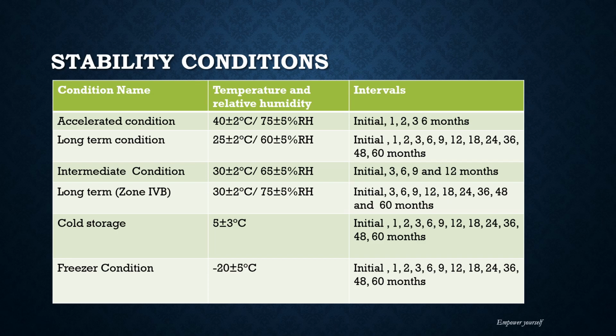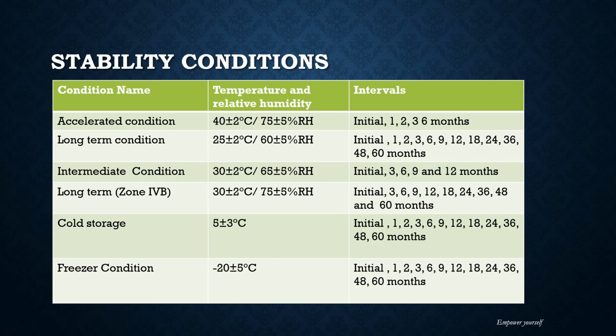For the accelerated condition, the temperature and relative humidity are 40 plus or minus 2 degrees centigrade and 75 plus or minus 5% RH. This is a case where my product is going under high stress condition, and the intervals for these accelerated conditions are initial, first month, second month, third month, and sixth month.